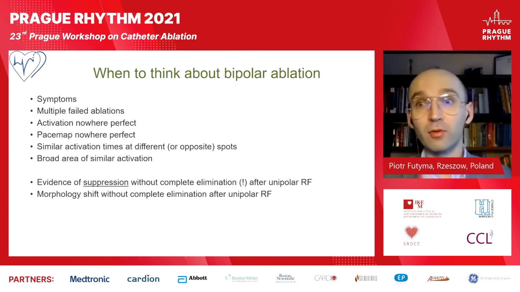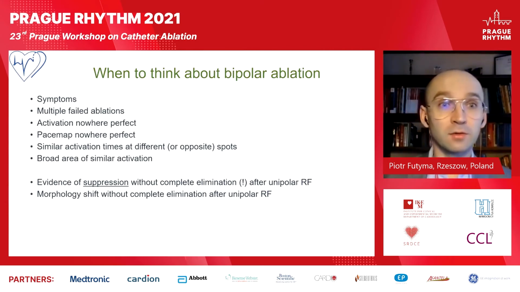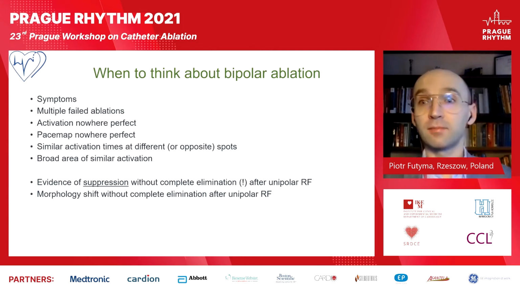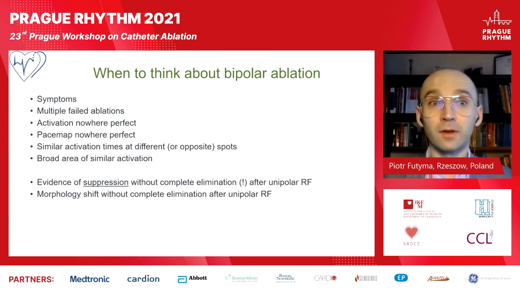But when to think of bipolar ablation? When the patient is symptomatic, I always start to think about bipolar ablation if the patient is after multiple ablation procedures which failed. When we do not find a perfect activation mapping, this can mean that the site of origin is, for example, deeper.